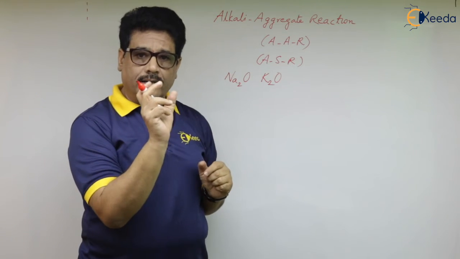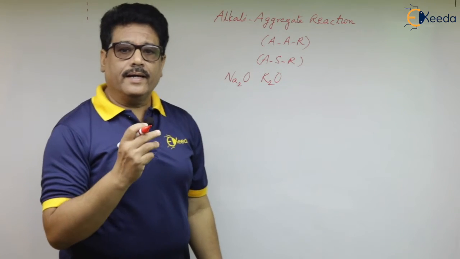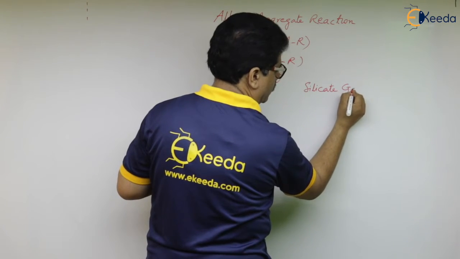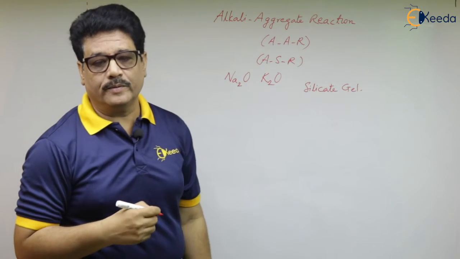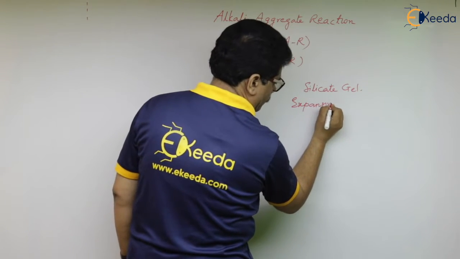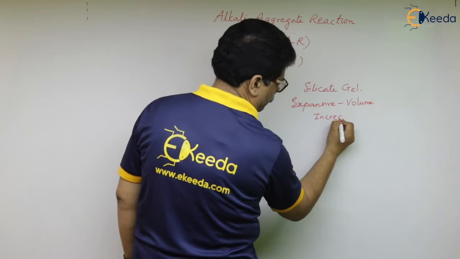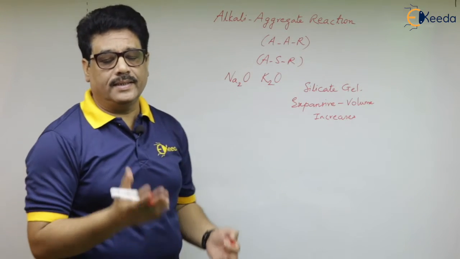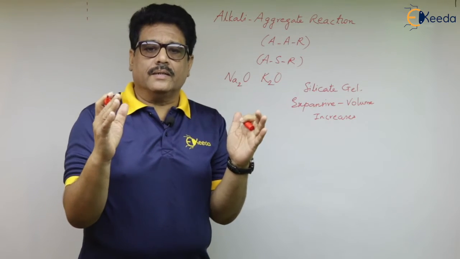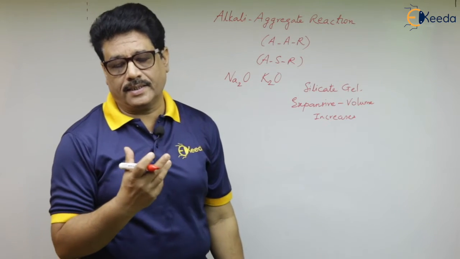So the aggregate silica content will react with these two alkali contents, and after that silicate gel gets formed, which is expansive, leading to volume increase. Therefore the concrete mass unnecessarily goes beyond its boundaries, thereby leading to cracks in the concrete.